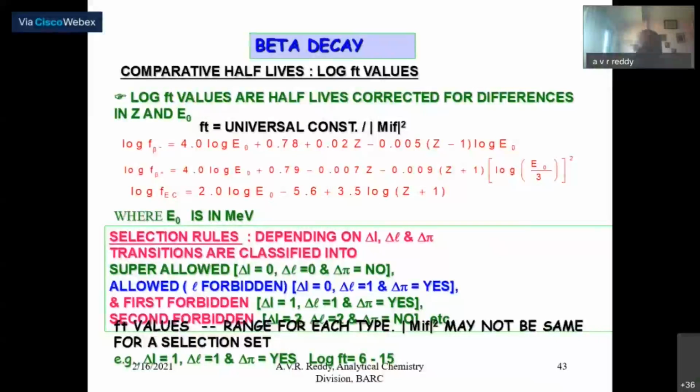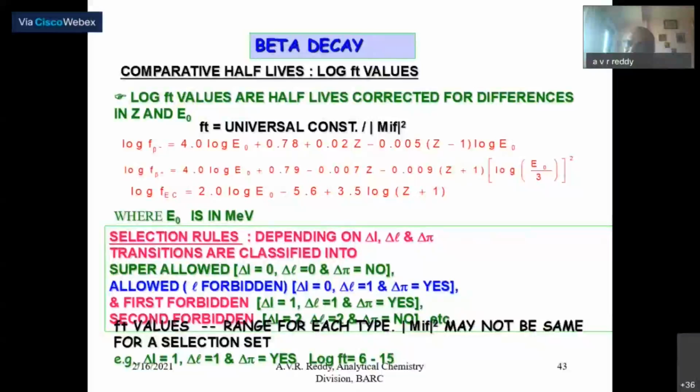So, you have to remember certain selection rules here because we are dealing with the individual nucleons. In beta decay, we are dealing with the individual nucleons. Therefore, delta I value, the nuclear spin, which is the sum of the angular momentum of all the nucleons.